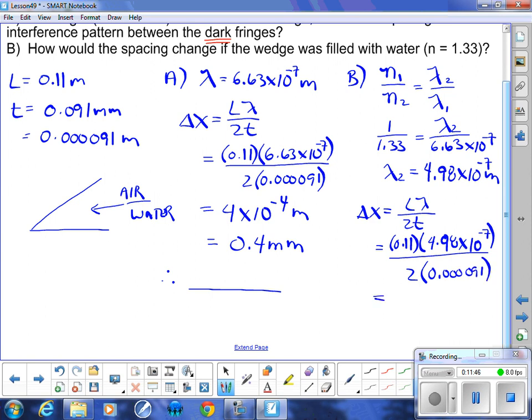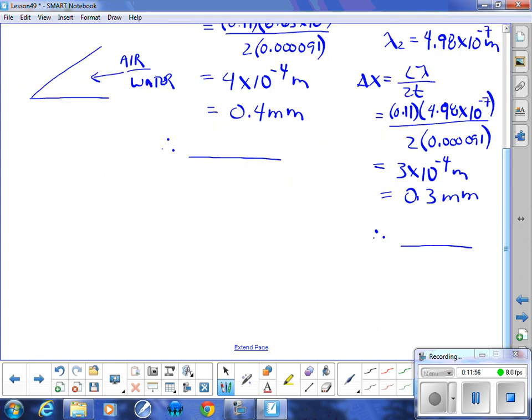And when you calculate that out, again the calculator will give you 3 times 10 to the negative 4 meters, which is 0.3 millimeters. So what that does, if we were to change the medium, in this case putting water in there, it's going to decrease the bandwidth. So therefore, bandwidth decreases.